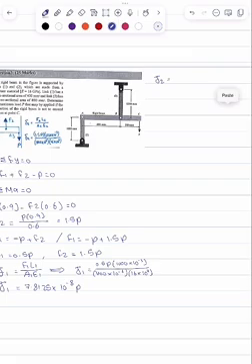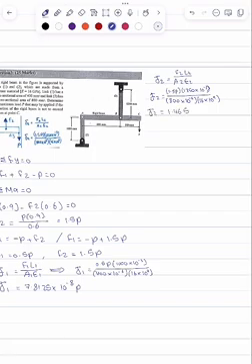Delta 2 equals F2 L2 over A2 times E2, equal 1.5 P times 1250 times 10 power minus 3 over 800 times 10 power minus 6 times 16 times 10 power 9.